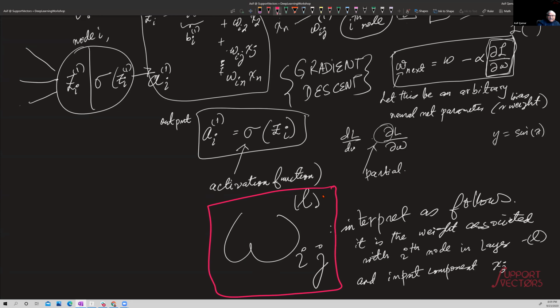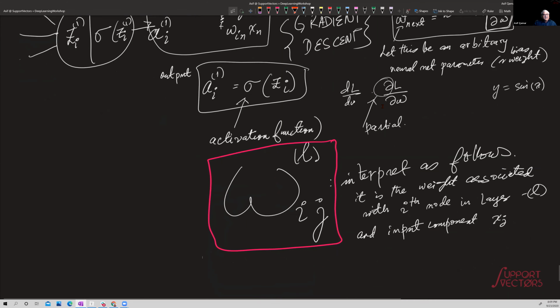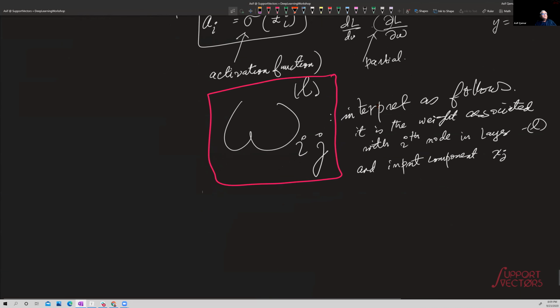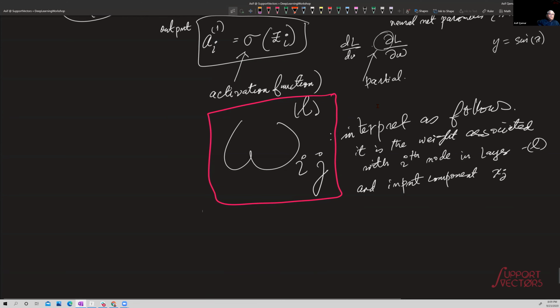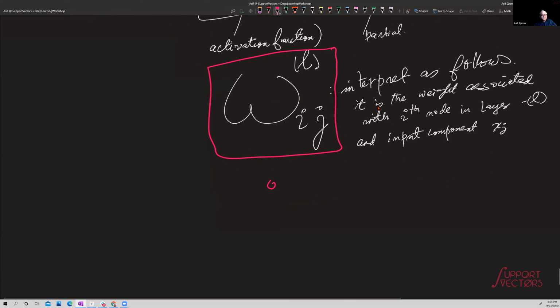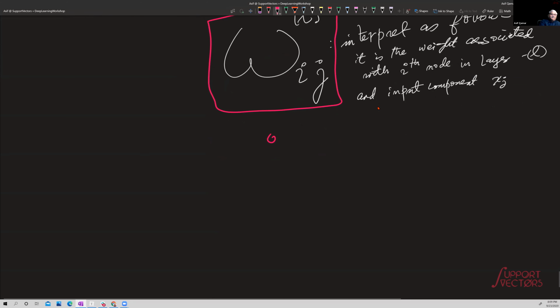But if you think about it, you realize something very interesting. This big W, what is its dimensionality? How many dimensions does it have? If you look at a neural network, it will have many, many layers. So let's think of a neural net which has, I will just take 3 here and 2 here, and let us say that the inputs are coming here from something or the other.